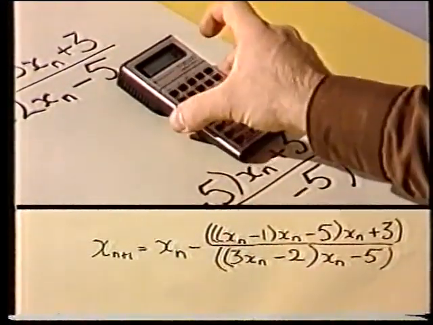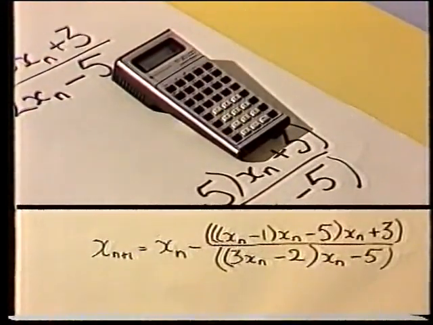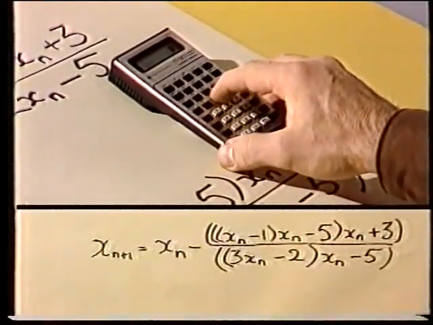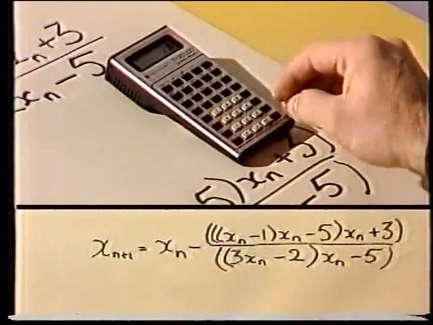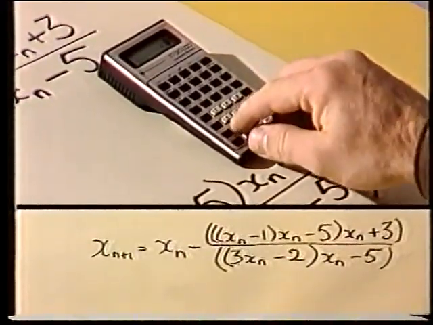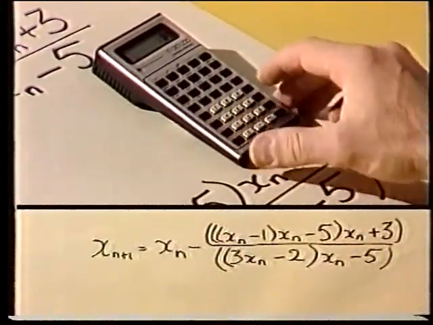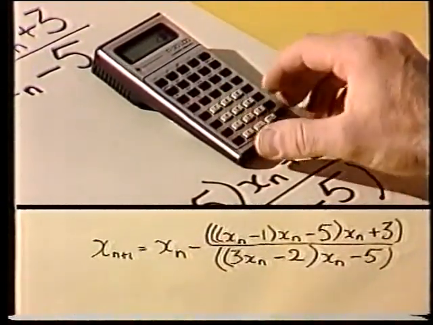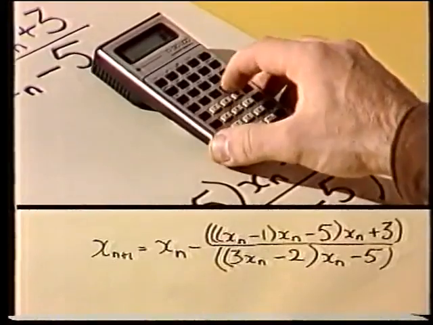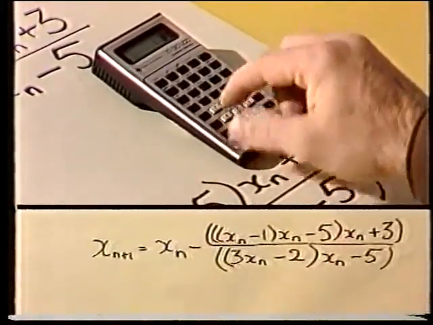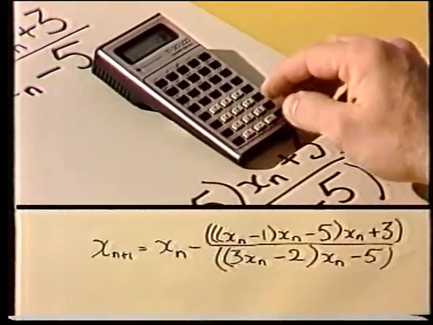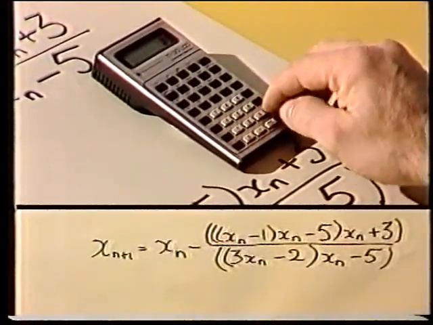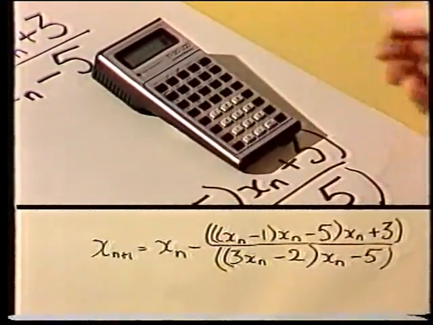Now, in order to work this out, I've got to open these brackets. So I open 3 brackets, take my xn minus 1, close a bracket, multiply by the xn, which is in memory, subtract 5, close another bracket, multiply by xn again, add 3, and that is my top line.